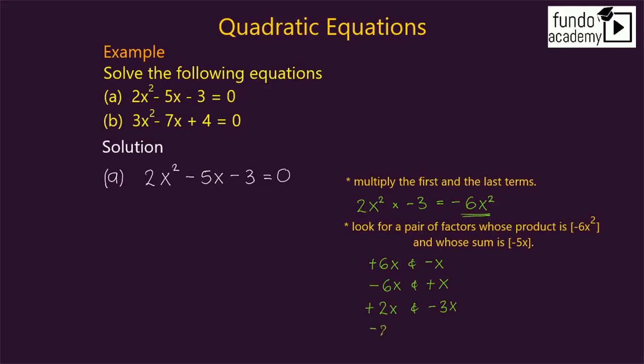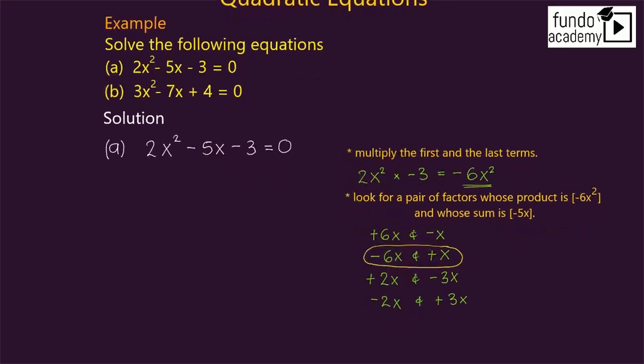We also have negative 2x and positive 3x. So among this pair of factors whose product gives us negative 6x squared, we want to look for the one whose sum will give us negative 5x. And you're going to find that this pair of factors gives us a sum of negative 5x.